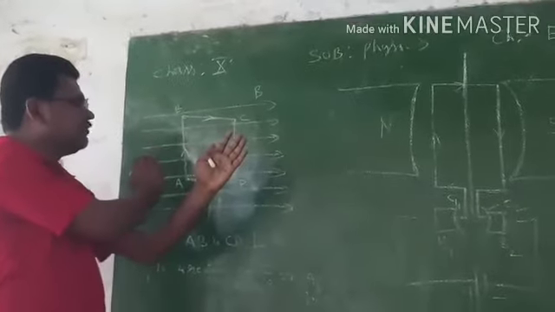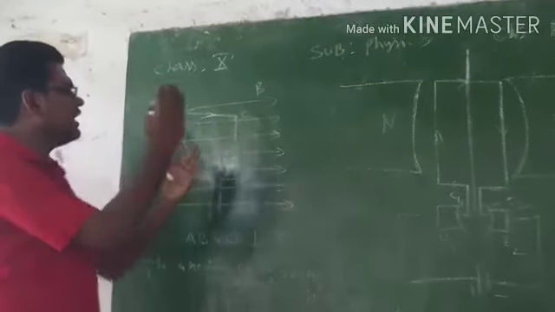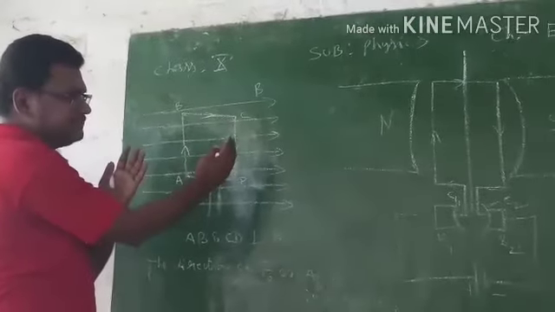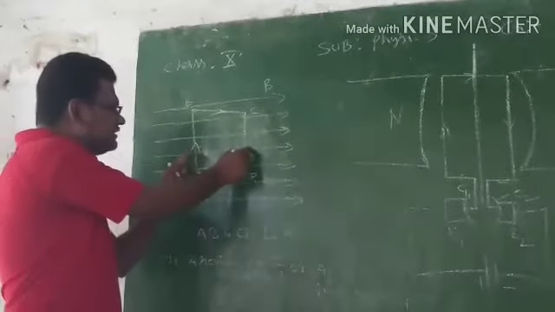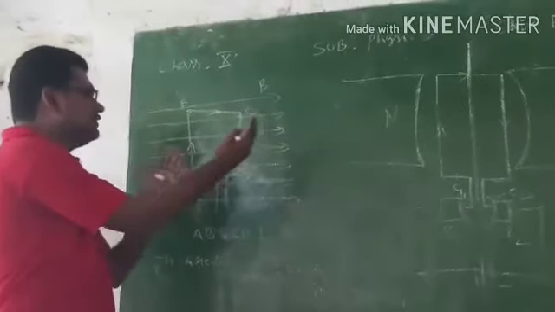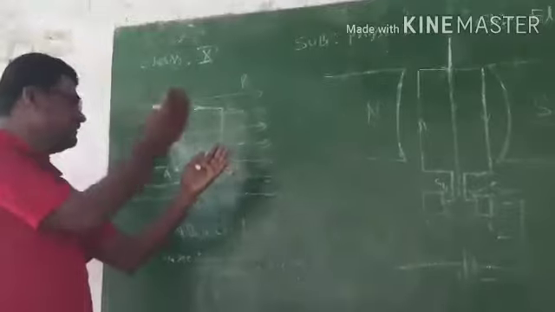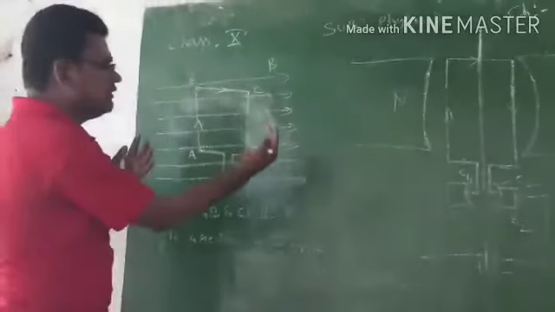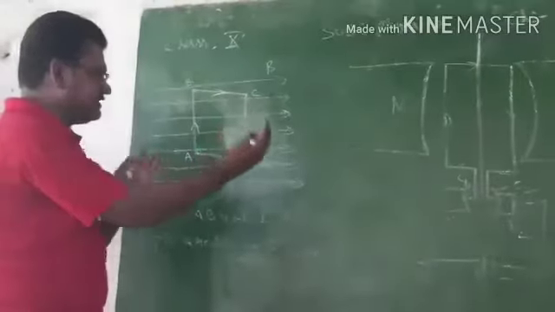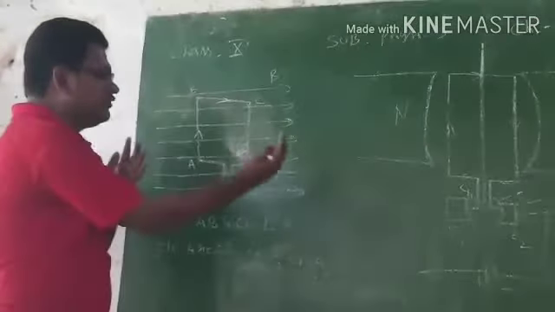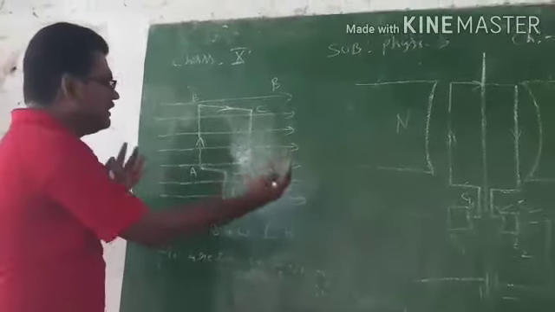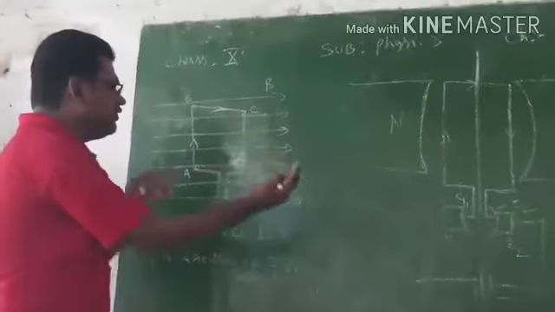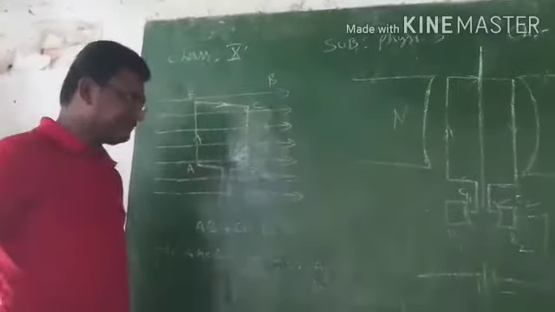Therefore, the coil rotates in the clockwise direction. That means if the current is unchanged, it rotates half a rotation in a clockwise direction and the next half rotation in an anti-clockwise direction. The coil just rotates in this way and does not rotate in a continuous direction.